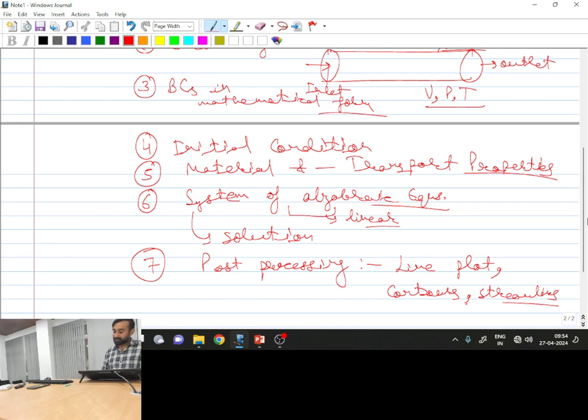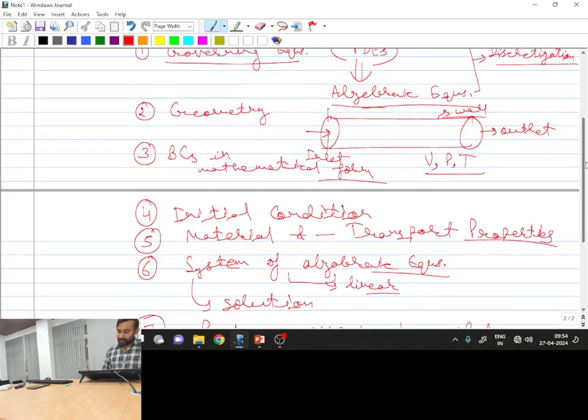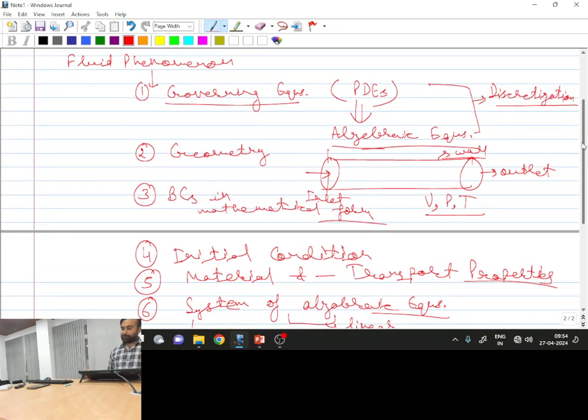But now there is one important point I want to make. The solution of a differential equation will be a continuous function.